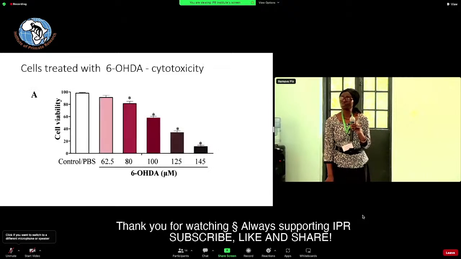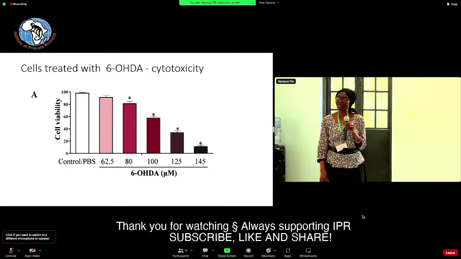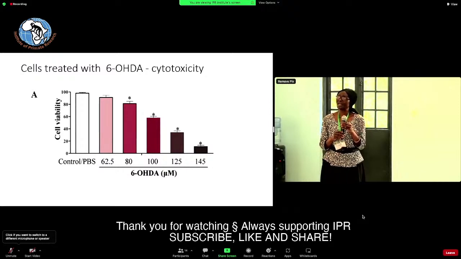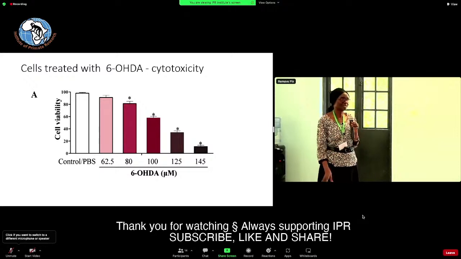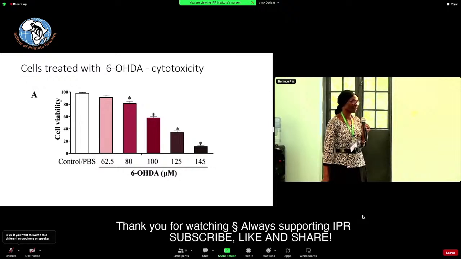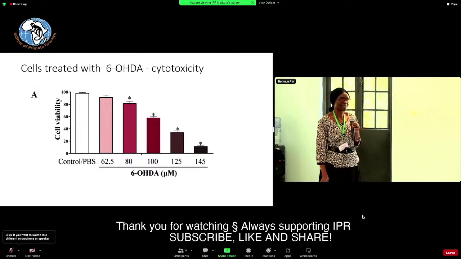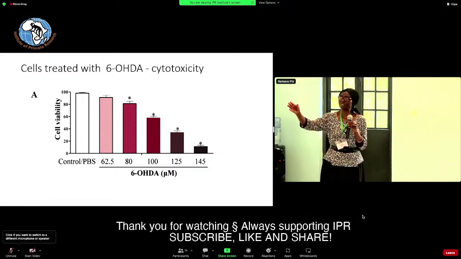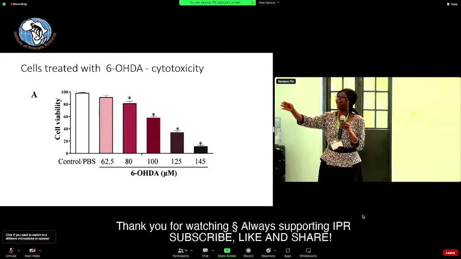You can see the control is there, and then this is when they treated the cell line using 6-hydroxydopamine to demonstrate that it is cytotoxic, that it is the substance inducing the pathology in the cells. They were able to demonstrate a dose response in its cytotoxic effect, increasing from small quantities to high quantities.